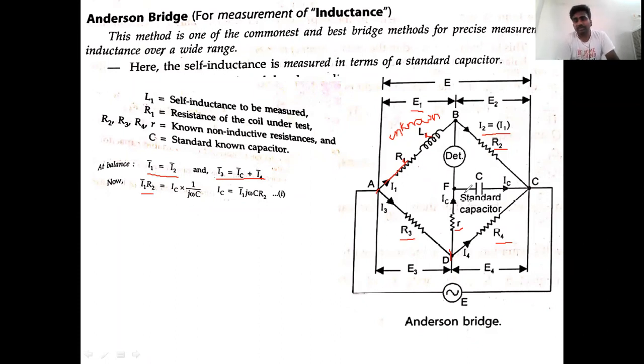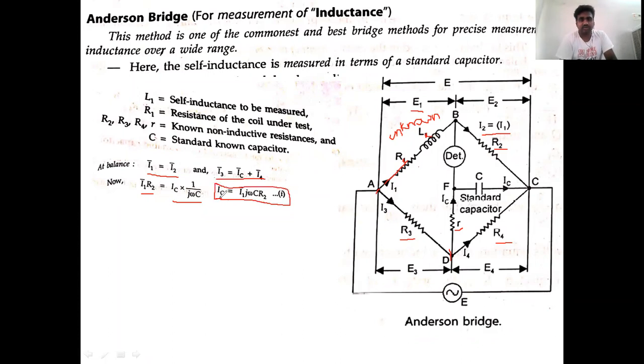And the voltage drop across the capacitor is IC into 1 by j omega C, where the current flowing is I suffix C. If we resolve this expression in terms of IC, I suffix C is equal to I1 into j omega C into R2. This is the value of the capacitor current.